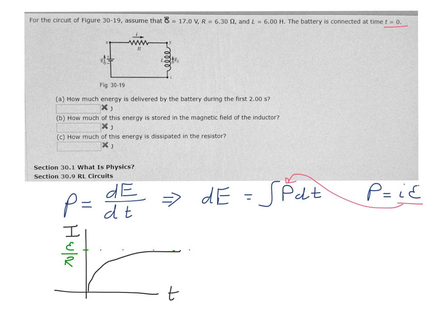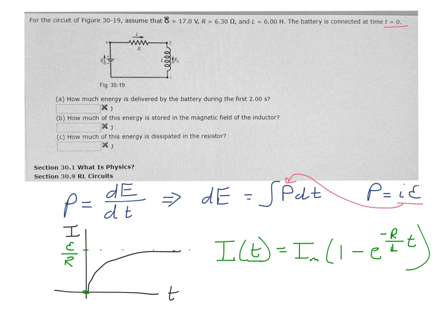The equation for this type of graph is I max times 1 minus e to the negative R over L times t. It has to be the 1 minus equation, since e to the 0 is 1, so that's where we end up with our 0 point at time equal to 0.